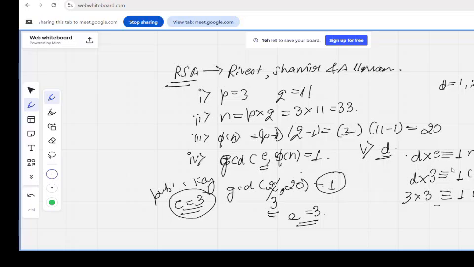When I assume 4, 4 3s is 12, and 12 is not congruent to 1 mod 20. 5 is also not there. 6: 6 3s is 18, and 18 is not congruent to 1 mod 20.